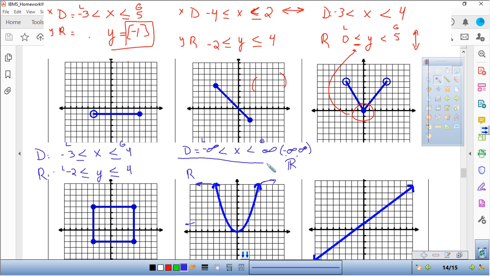Pretty cool, right, for the domain? Because it means there's not going to be an x value, since it goes forever this way, and it goes forever that way, and it completes here. You're never going to have an x value that's not acceptable for this thing. So, of course, all real numbers.